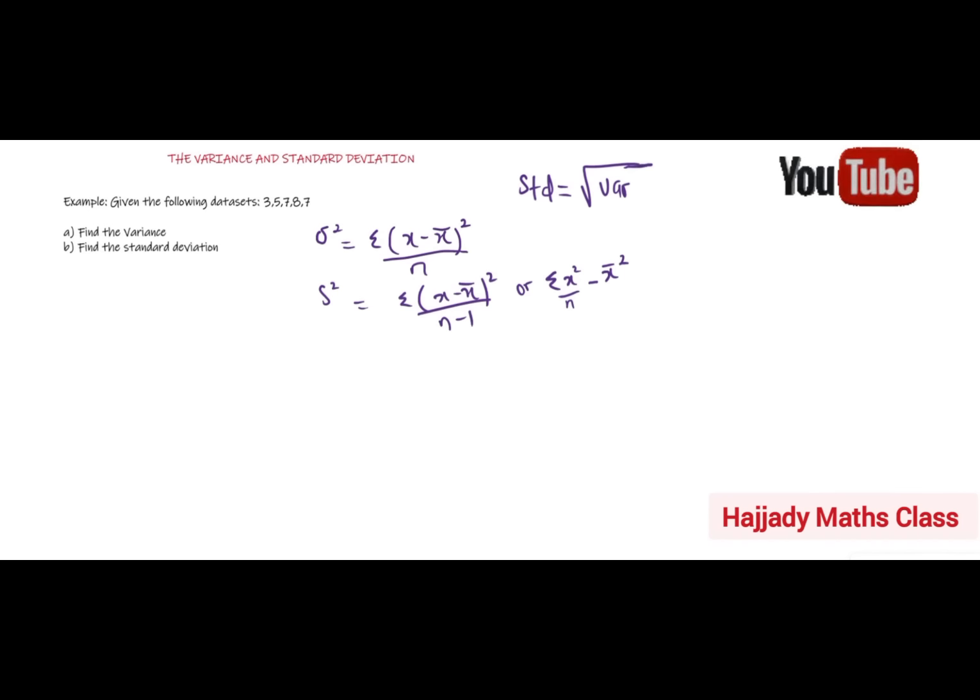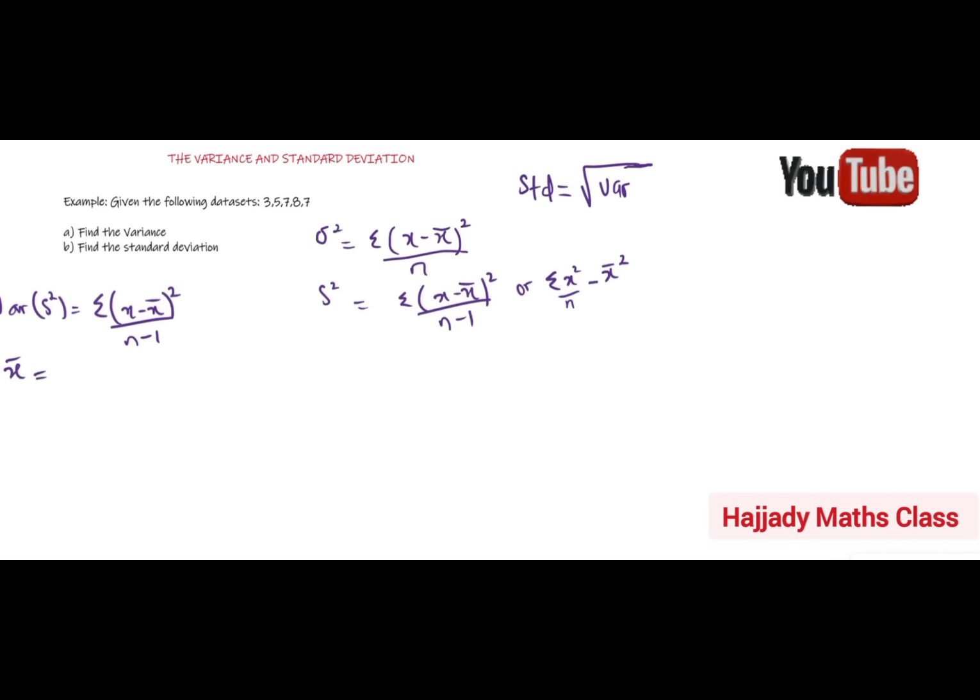Now for us to do this, since we are calculating the variance, our variance is going to be, let me use S squared, let's use the first formula, summation of x minus x bar all squared over n minus 1. So we need to calculate our x bar first, which is the mean. In our previous video, we showed how to calculate our mean.